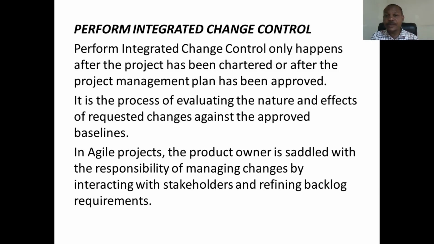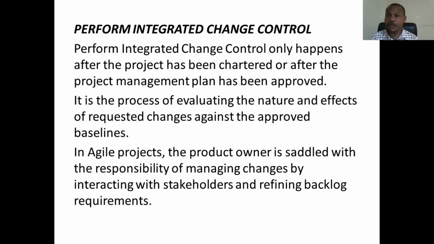But in an agile project, the product owner has the responsibility of managing changes by interacting with stakeholders and refining backlog requirements. Now, I did mention that predictive project management is kind of rigid, but in agile project management, it's very flexible. You don't need this formal approval, but you need to interact constantly. So there's somebody we call the product owner in the agile methodology.